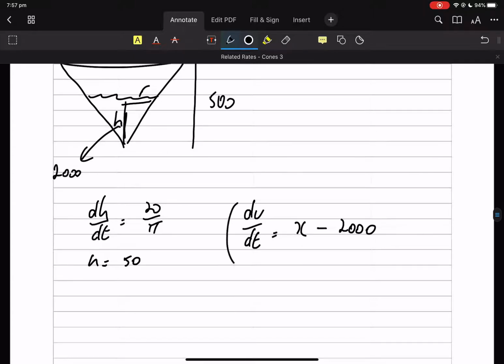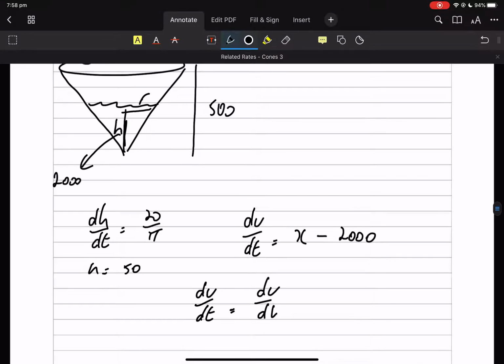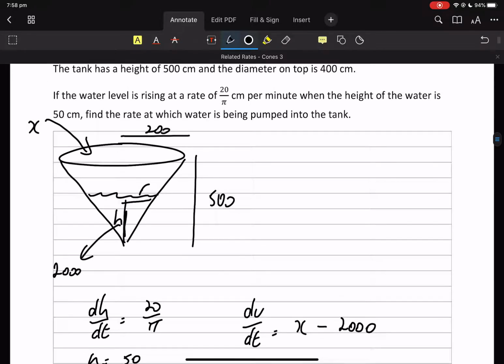Let's just see if we can find a relationship. It's got to be dV/dh, doesn't it? And then dh/dt. So we have dh/dt, we have dV/dt, so we're missing dV/dh.